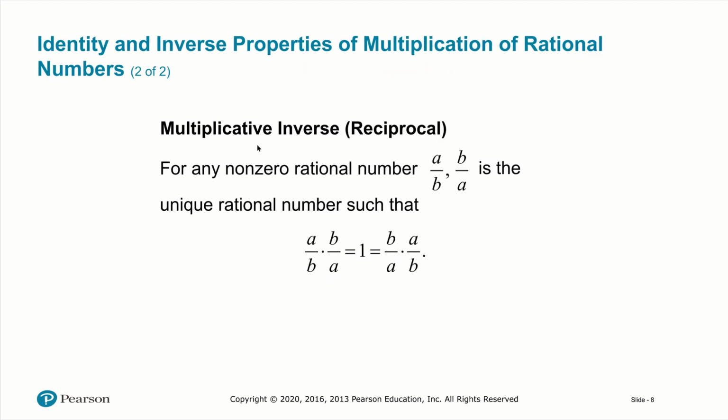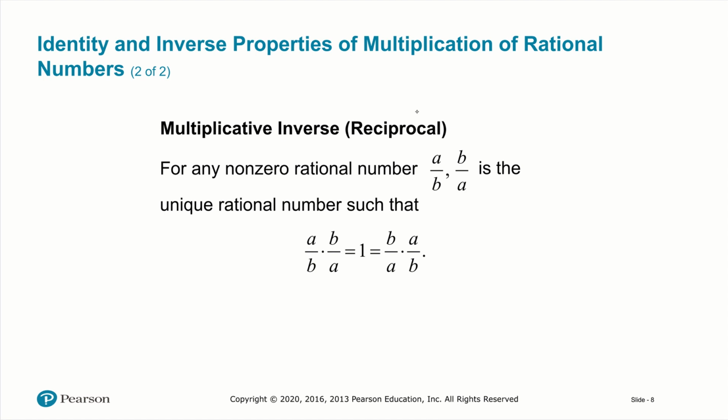All right, the multiplicative inverse, which is also known as the reciprocal of any non-zero rational number a over b, is the number b over a, so that when you multiply a over b by it, you end up with 1. So for a fraction a over b, the multiplicative inverse or the reciprocal is b over a.